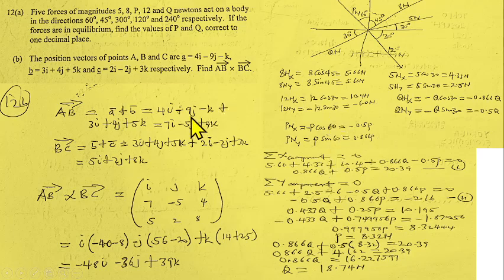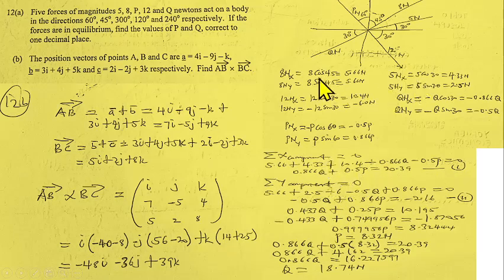Since we have been told that the point is at equilibrium, the summation of all the x components should be equal to 0, and the summation of the y components should also be equal to 0.